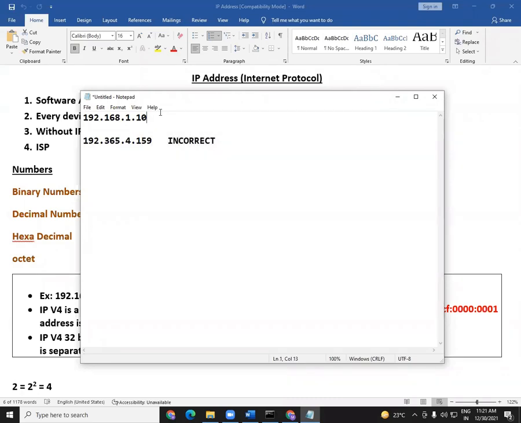This is incorrect, and this is your correct number. But what is the difference? In the first example, I was using some numbers. In the second example, also I'm using some numbers, right? I'm using the same design here, 192.168. Here also I'm using the same pattern, 192.365 something. But still one number is correct, one number is incorrect.